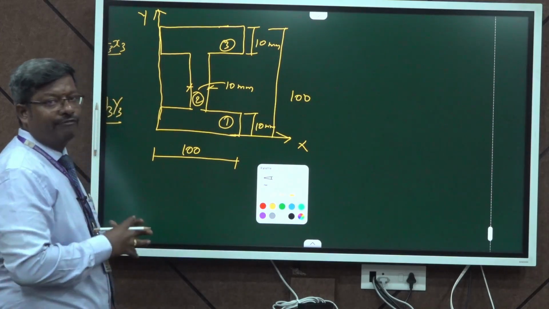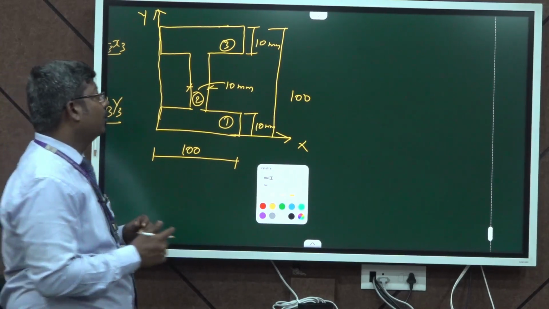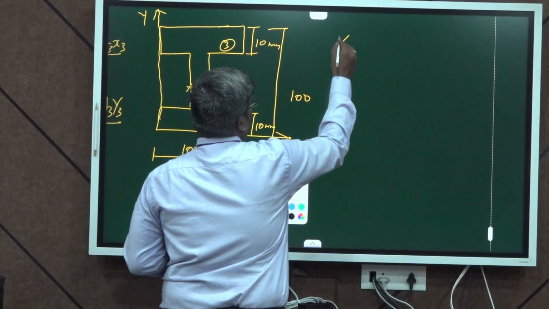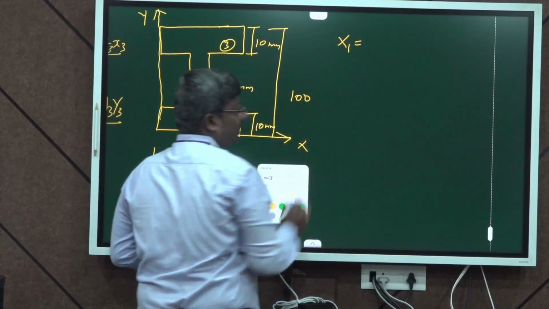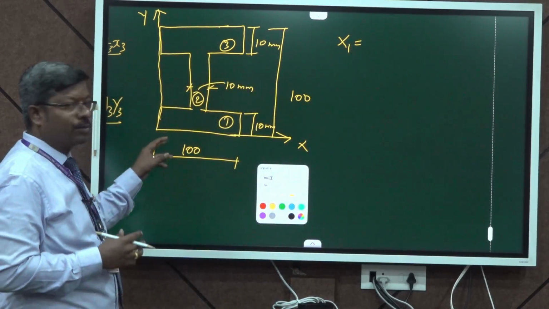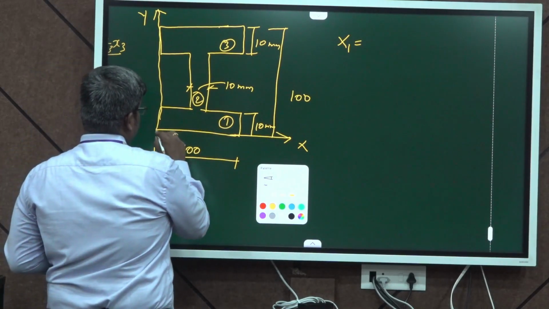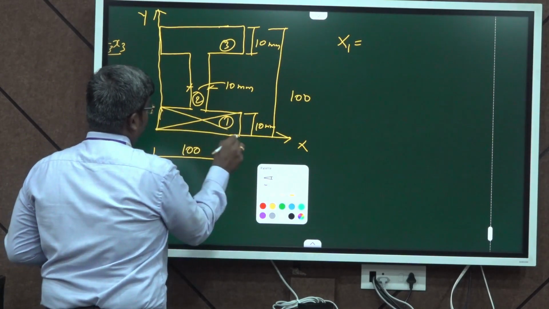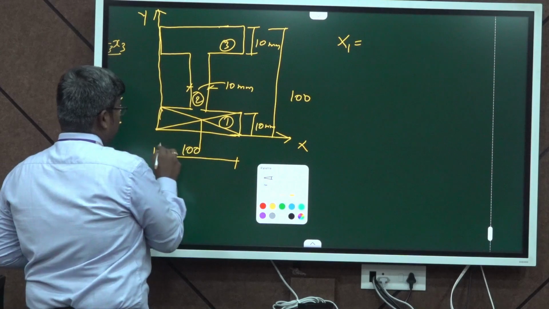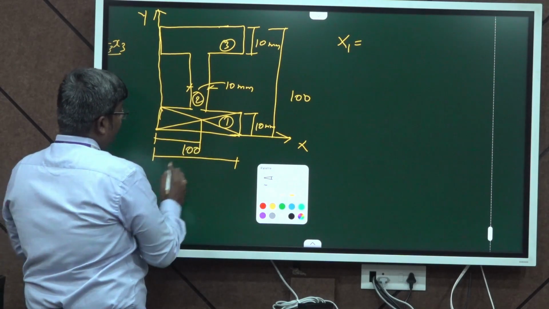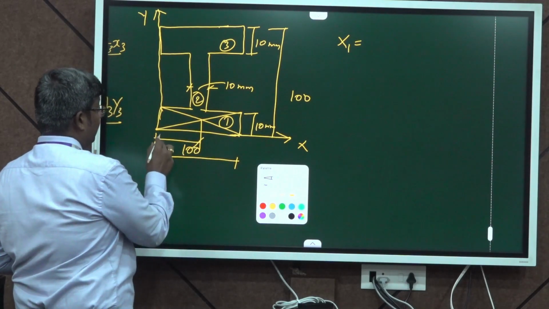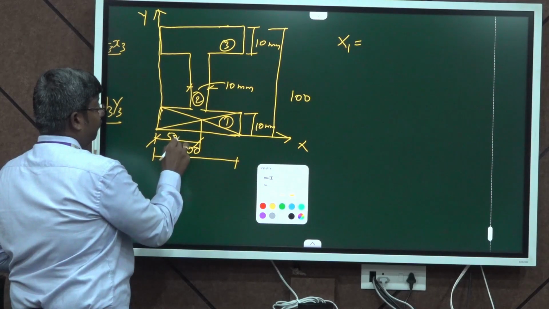Now, I am going to find the center of gravity about the x axis first. Let me take x1 as the center of gravity of the first portion about the x axis. It is nothing but the center point of the first portion, meaning half of the width of the bottom flange, that is 100 by 2, which is 50 mm.